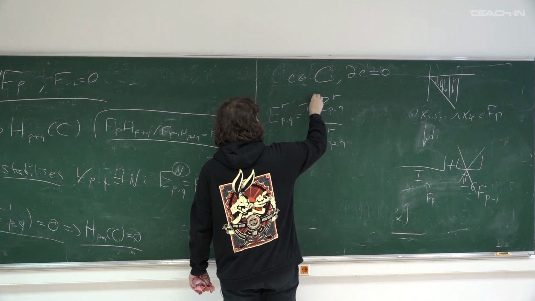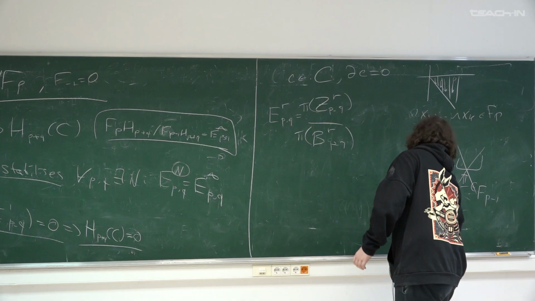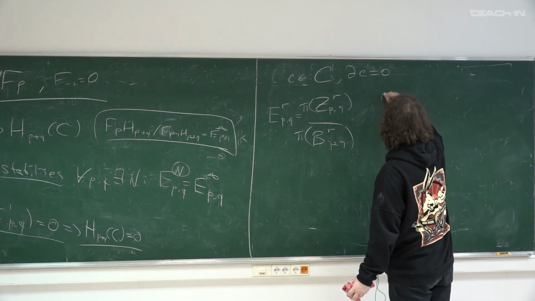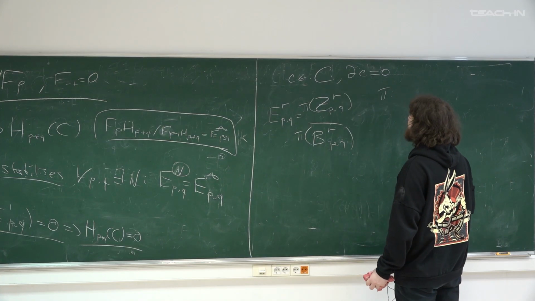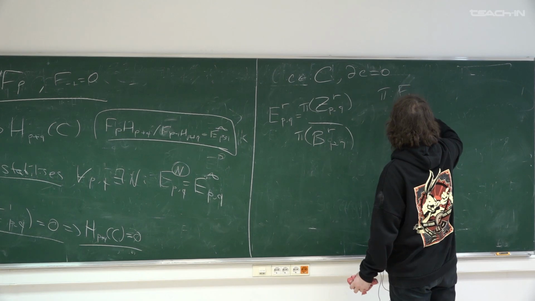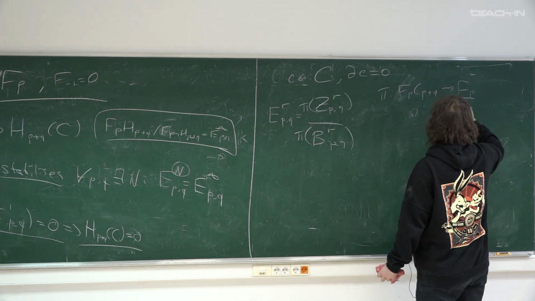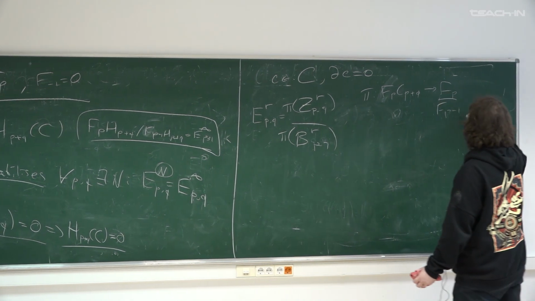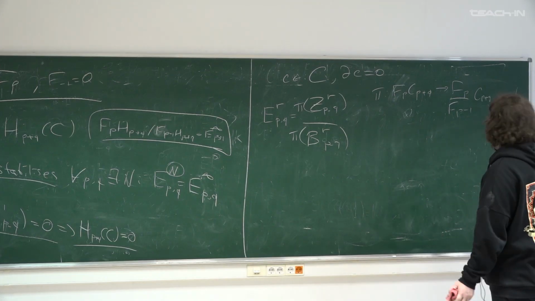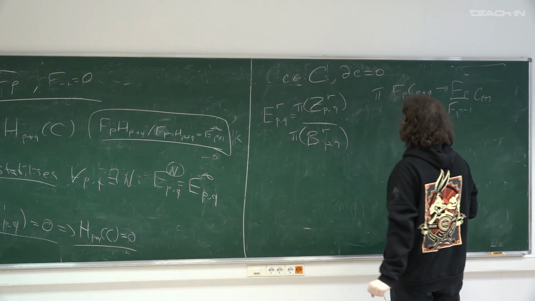And here, not exactly this, but π of them, where π is the projection from F_p C_{p+q} to F_p modulo F_{p-1} of C_{p+q}. It's the projection on the quotients, so these are submodules of quotients.